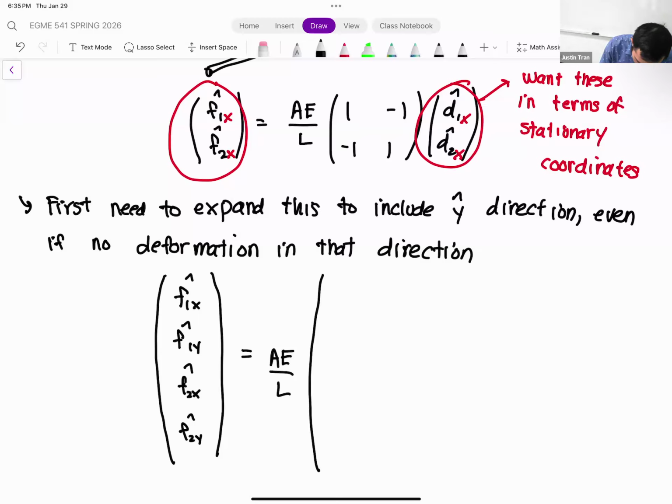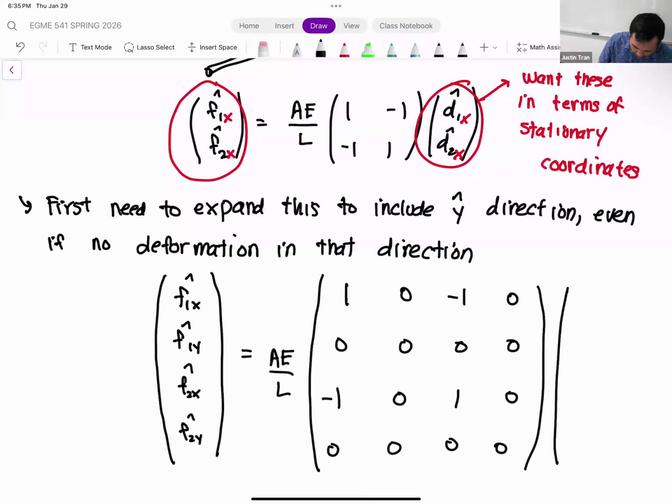So 1, 0, minus 1, 0, 0, 0, 0, 0, minus 1, 0, 1, 0, 0, 0, 0, 0. And this is multiplied by the same analog as our force vector. So this is D1 x hat, D1 y hat, D2 x hat, D2 y hat.